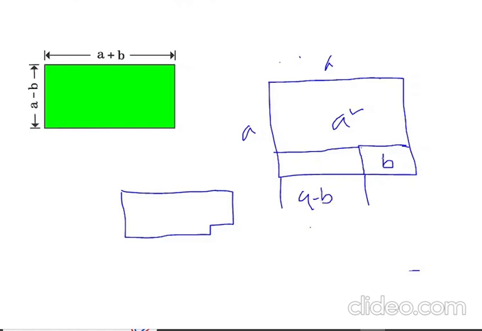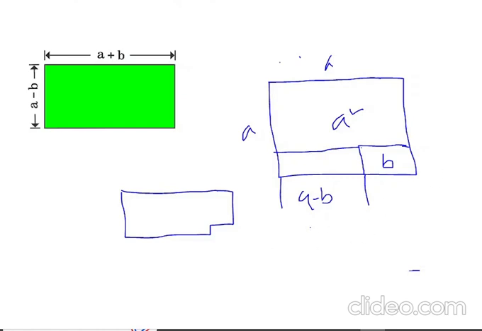When we subtract from the whole area, the remaining part will be a minus b, and we will turn it at a 90-degree angle like this.